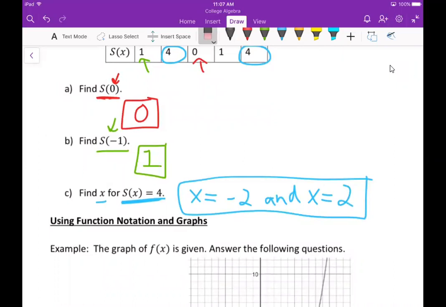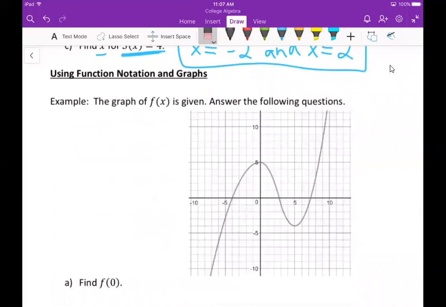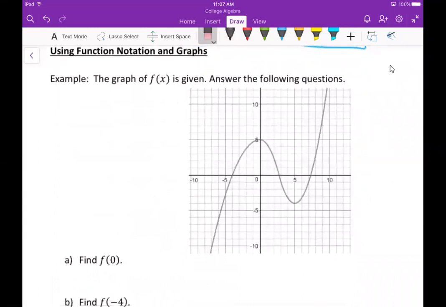All right, let's do our last way we would work with function notation, which would be with graphs. So here I have a function f of x being represented by this graph right here. I want to find f of 0. That means I know x is 0 and I'm looking for my y. I want to know what y equals.